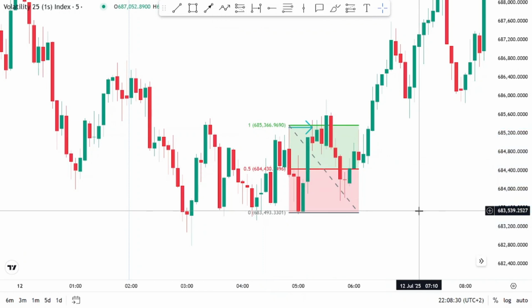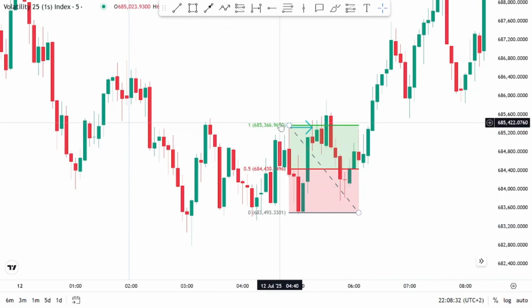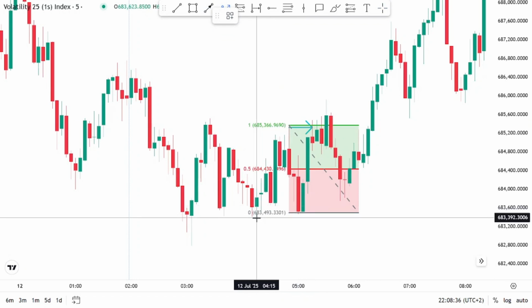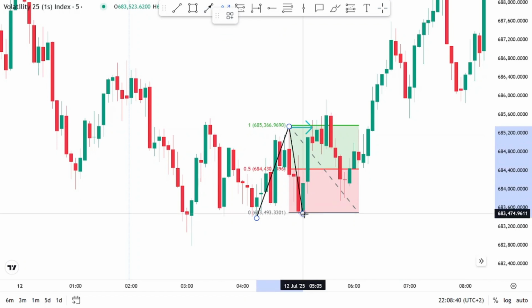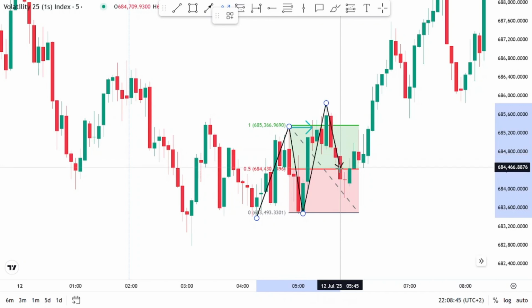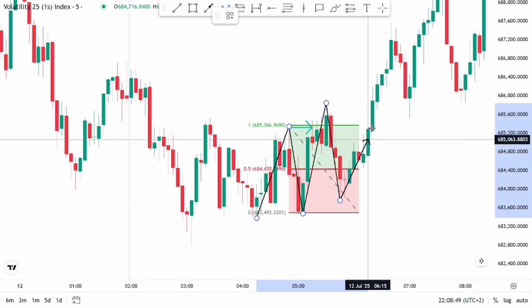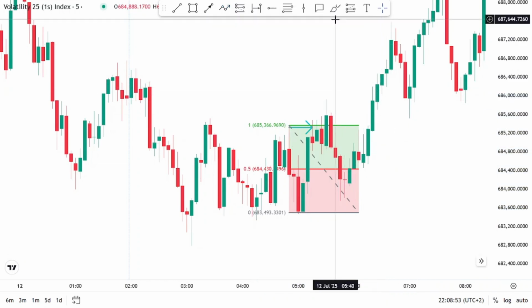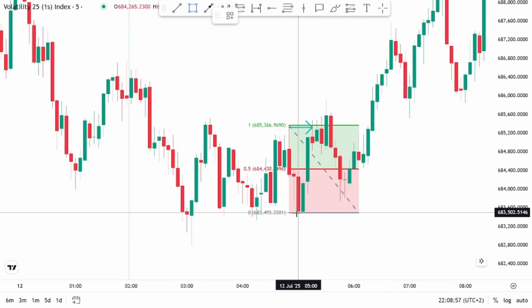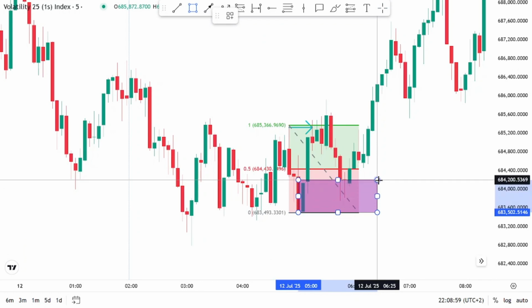So as you can see, price started from this level here, came here, went down here, and then it broke structure, and then it came down to our discounted level. And this is where we look for our institutional reference points, which is here we have the order block.